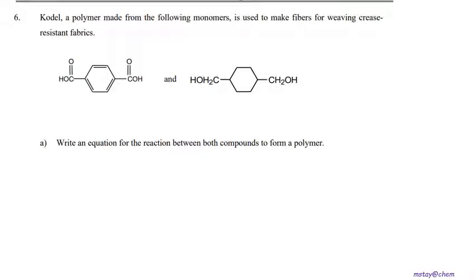Now we do tutorial question 6a. Write an equation for the above. I think we already discussed this just now. The bond will break between carbon and OH and also between O and H. So I will put n and then we draw the structure.